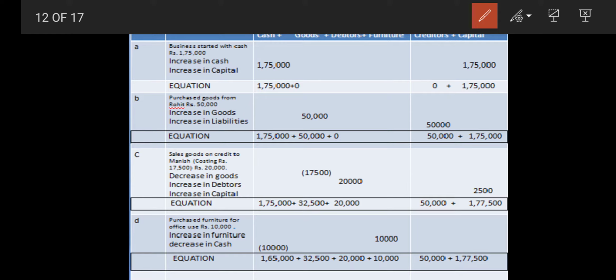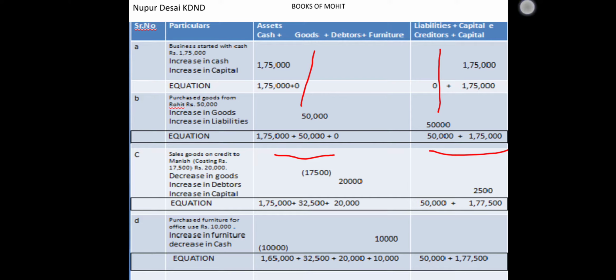So two new columns will be introduced, goods and creditors, and that will give you a final equation of 1,75,000 plus 50,000, and the same way 50,000 plus 1,75,000. So this way your equation is set up. Now we will be switching towards the next part.